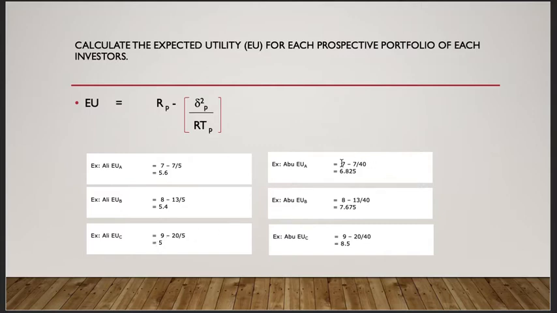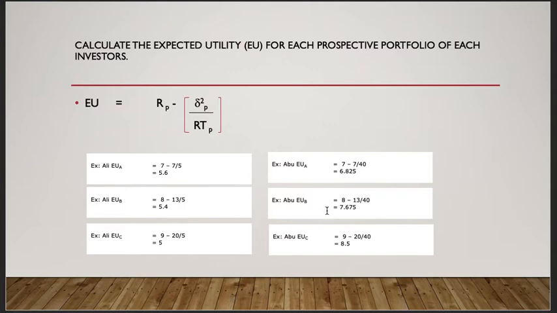While for Abu, if Abu invests in portfolio A, the return of the portfolio 7 minus the variance of the portfolio 7 divided by the risk tolerance 40, it will give Abu 6.825 expected utility.